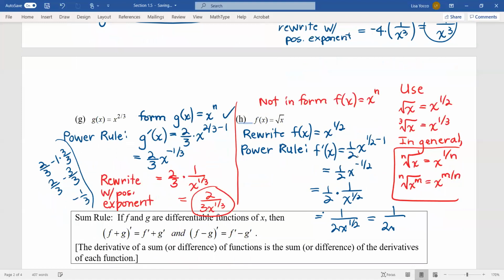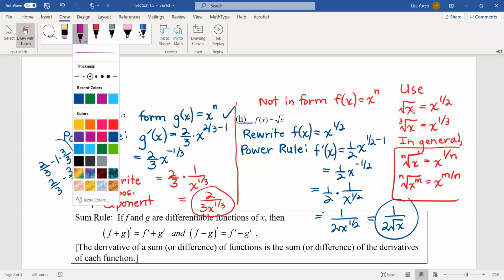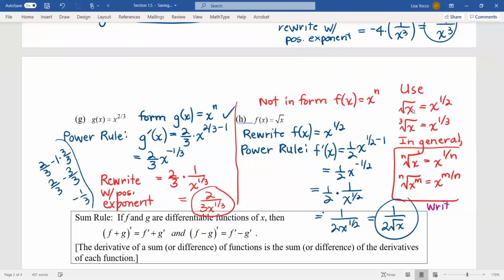And then finally, it's a lot of work here, but because the original problem had a radical, I'm going to write the answer using a radical. So we start with a radical, we have to change it to an exponent, we use our derivative formula, then we change it back to a positive exponent and then back to a radical.